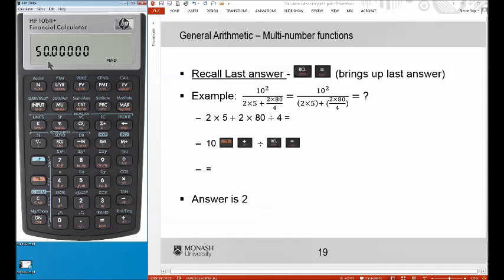And to complete the whole example, we press equal again, and the final answer is 2. So unlike the other stored memory registers, this register is automatically updated when you complete a calculation.